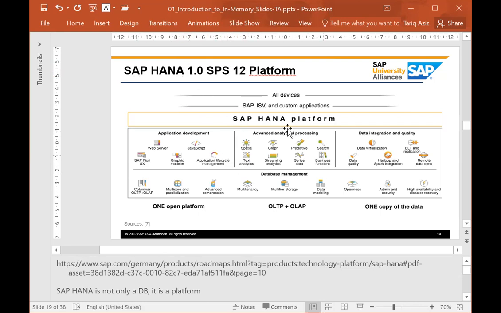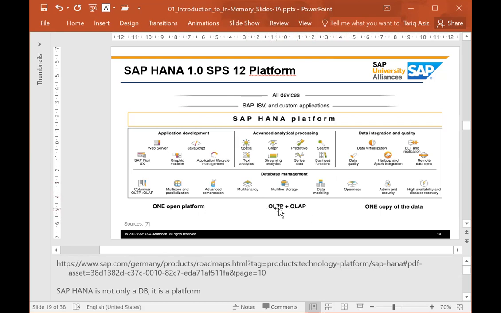So these are some facilities that they brought to SAP HANA 1.0. They had management of database, all the database information is here. And if you see here, OLTP plus OLAP, that is, transaction processing and analytical processing.